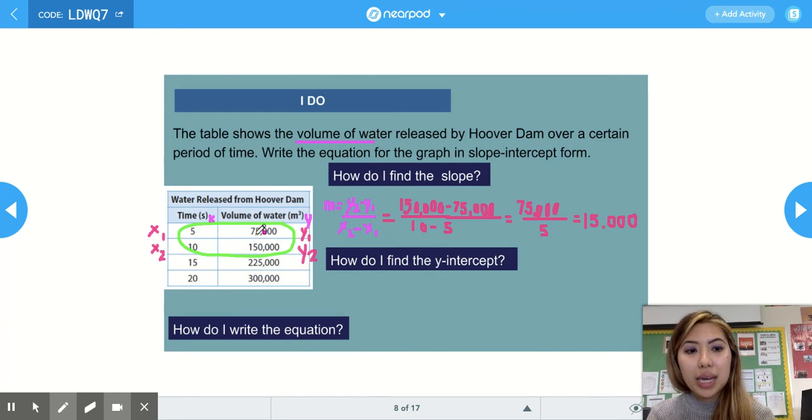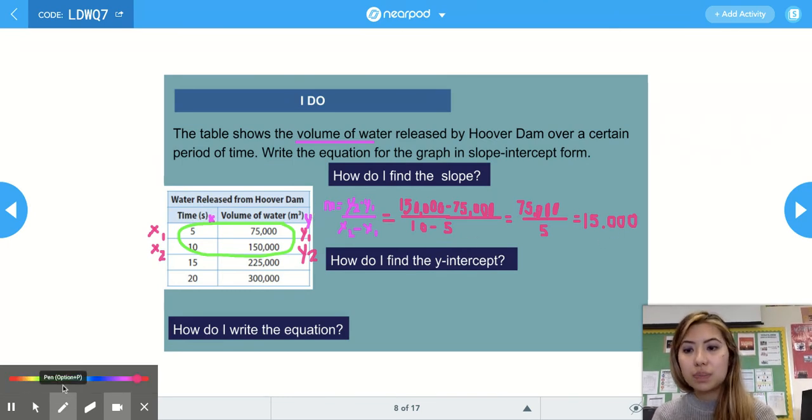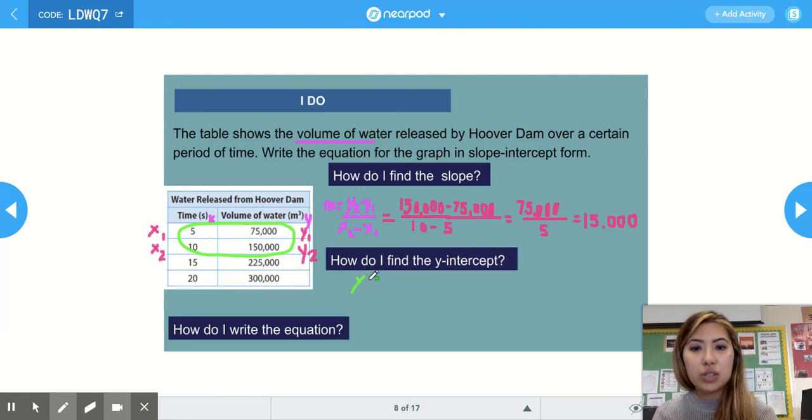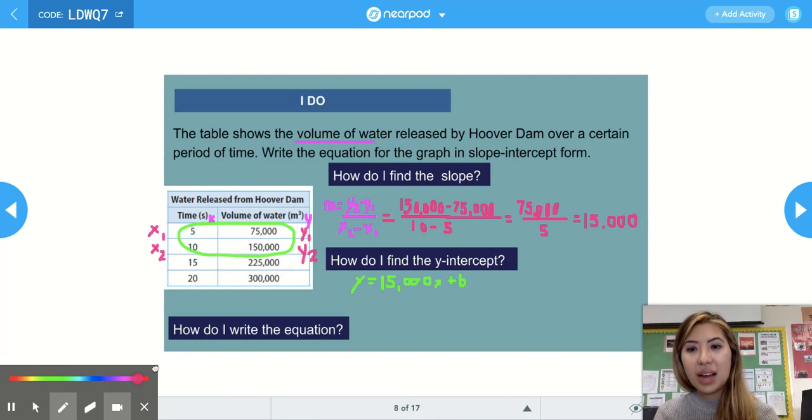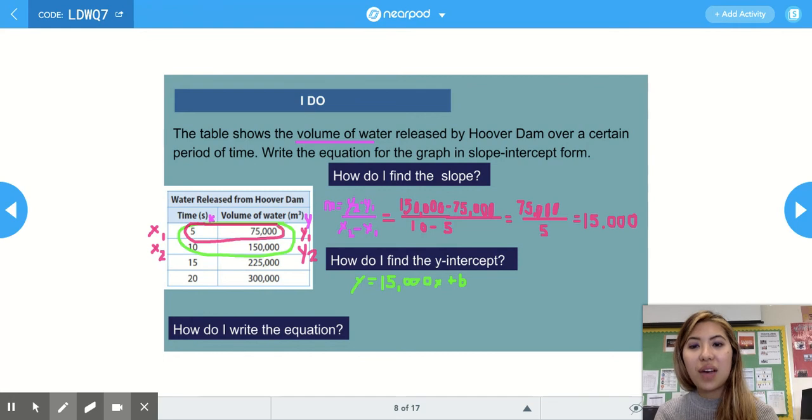And here we can't easily identify what our y-intercept is because there is no x value of 0, right? So what we're going to have to do is write our slope into our equation. So we have y is equal to 15,000x plus b, and then we have to choose one of the points and plug in the x value and then the y value.